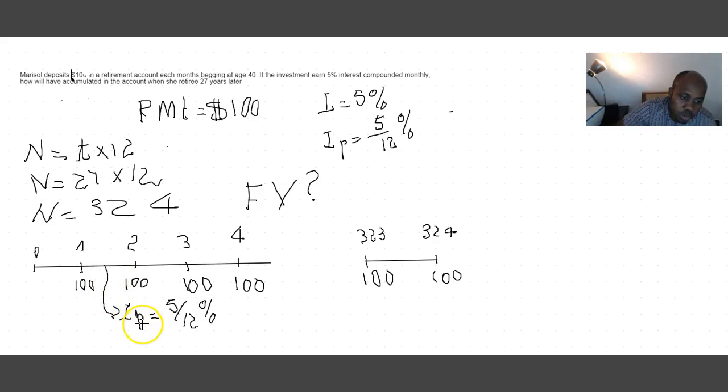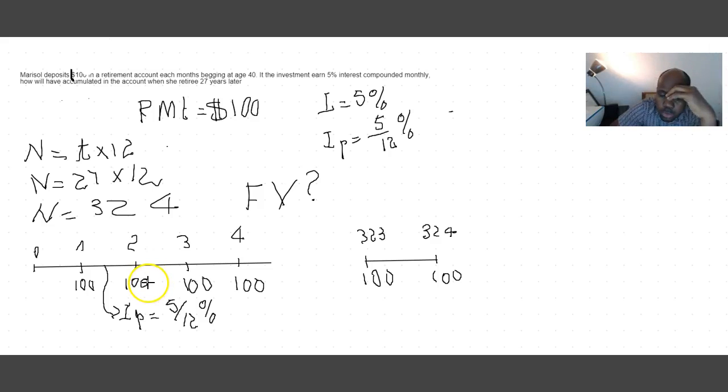That's how much she earns. After 1 month, the amount accumulated is going to be $100.41. In the second month she deposits another $100.